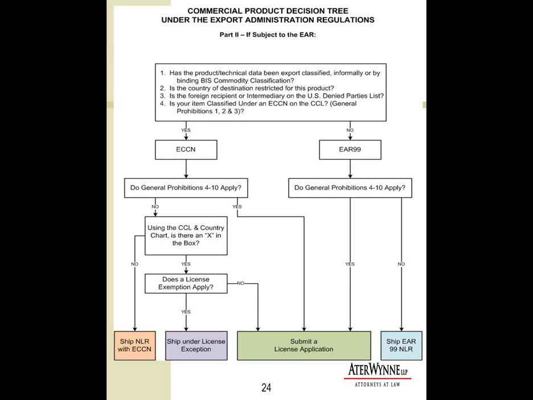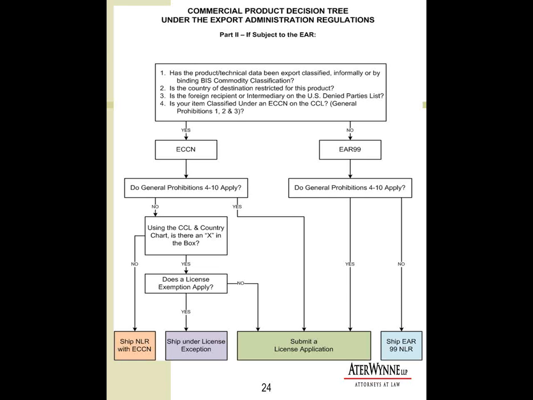The remaining part of this chart allows the exporter, or the principal party in interest, to look at different parts of the Export Administration Regulations and determine, are there any prohibitions that prevent me from going forward with a shipment, and if there are, does that mean that I need a license?